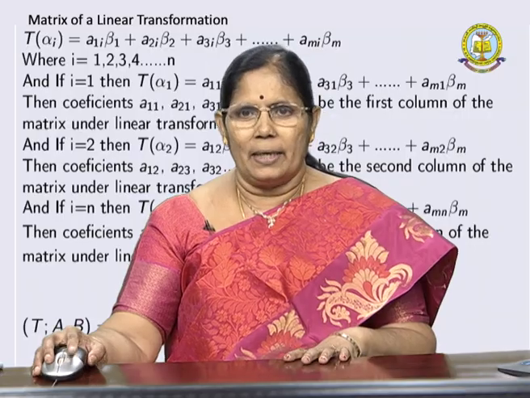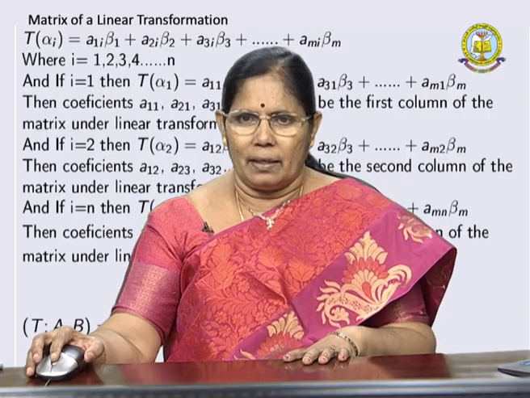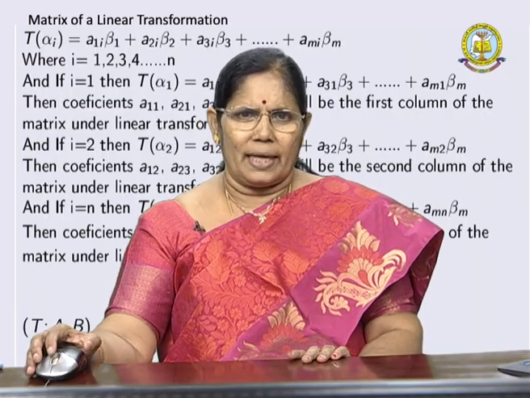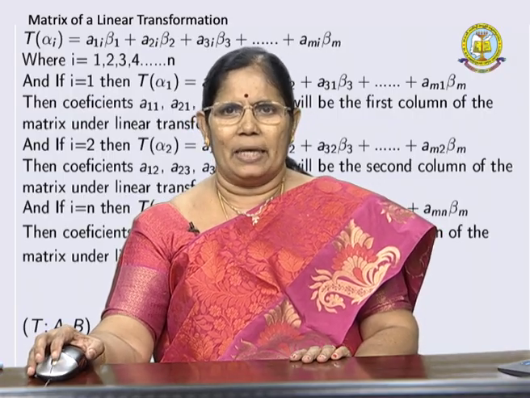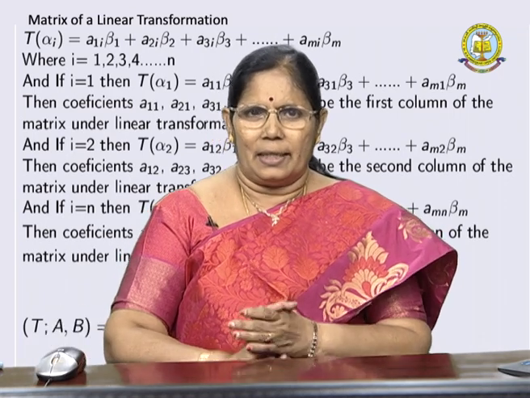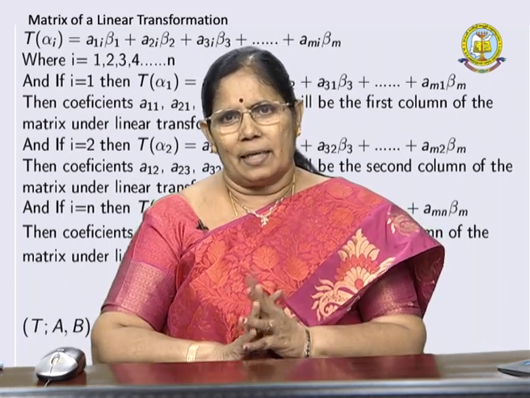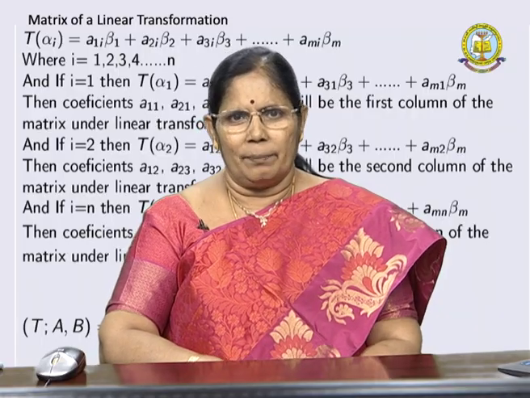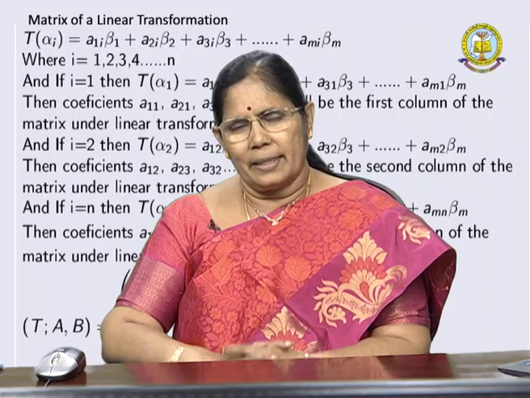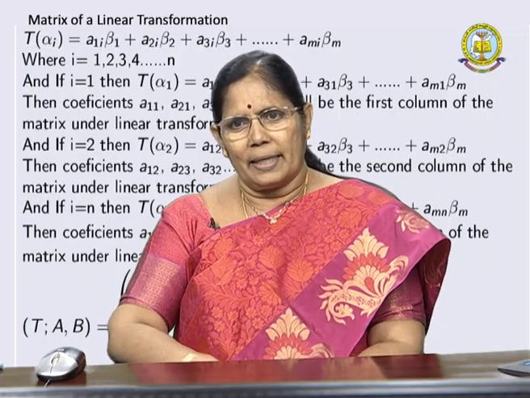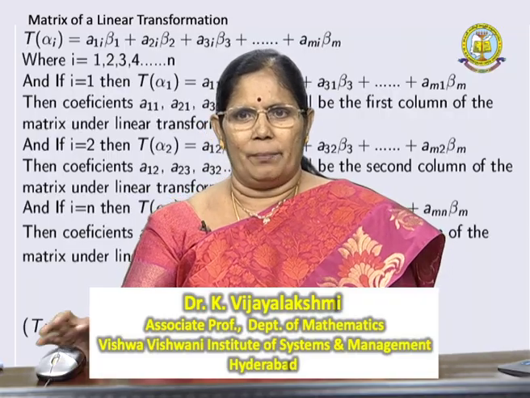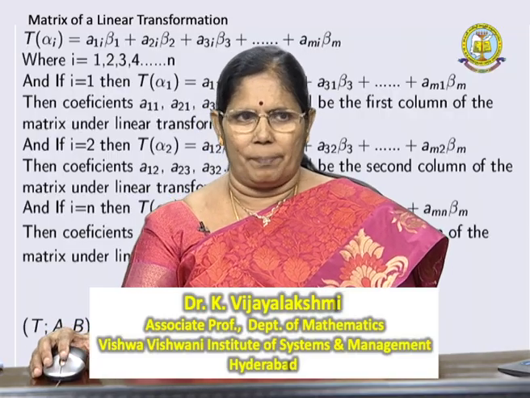If B is similar to A, then we write B tilde A. We can prove that similarity is an equivalence relation, and one observation is, if two matrices are similar, then they have the same determinant and the same trace. What do you mean by trace of a matrix? The sum of diagonal entries. They will also have the same rank and the same null space.